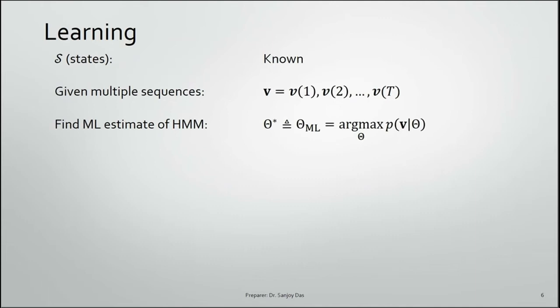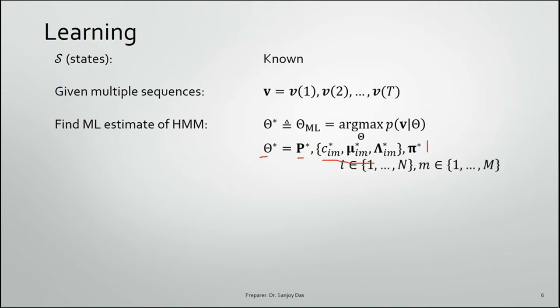And our goal is to find theta ML using maximum likelihood estimation, and that's theta star, and theta star is the max likelihood of containing P star, the state transition probability matrix, c_im star, mu_im star, and lambda_im star, which are for the Gaussian mixture model, and pi star.